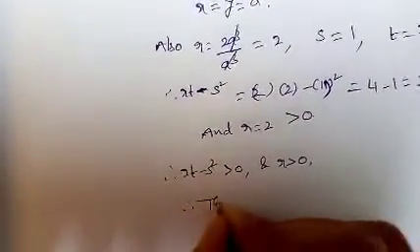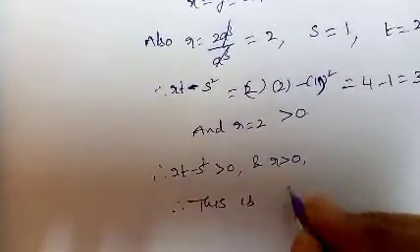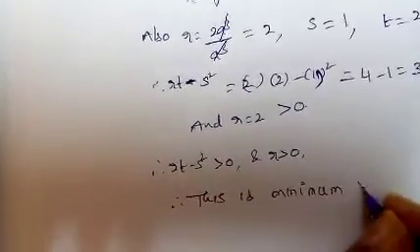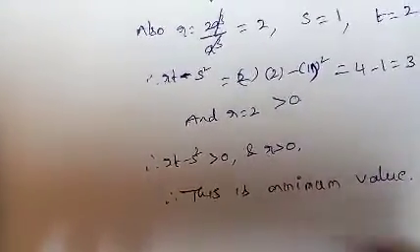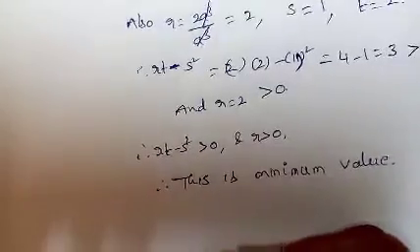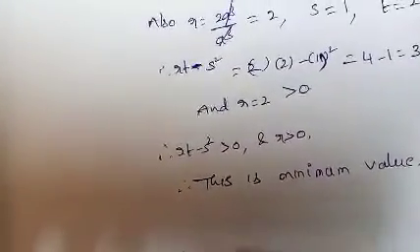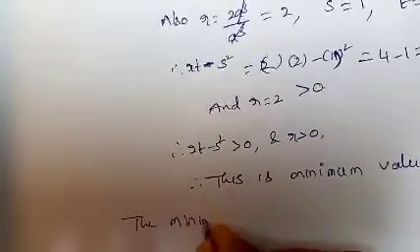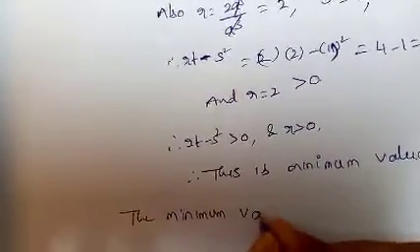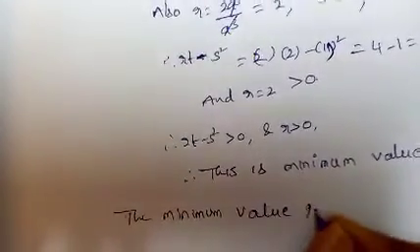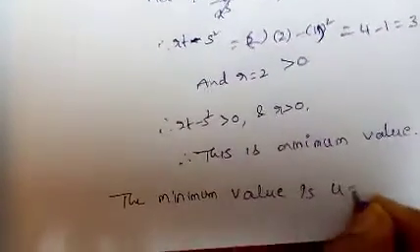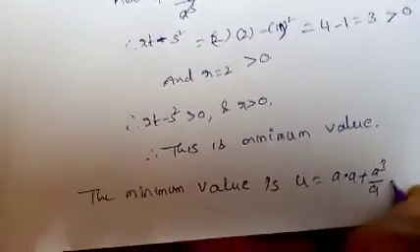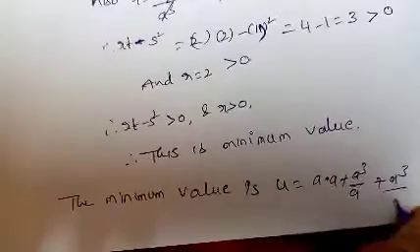Therefore the minimum value is u equal to a dot a plus a cube by a plus a cube by a.